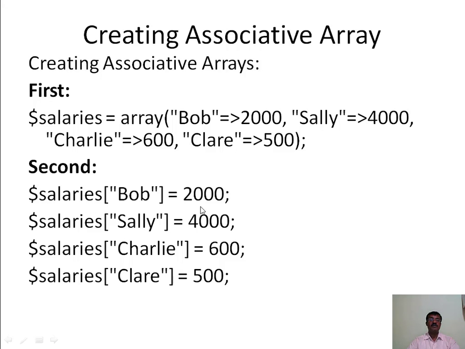By assigning values also, we can create associative arrays. Here we need to make sure that the index of this array is a non-numeric value, that is a string value. There is another way also, that is by using short array syntax. By using short array syntax also, we can create associative arrays.